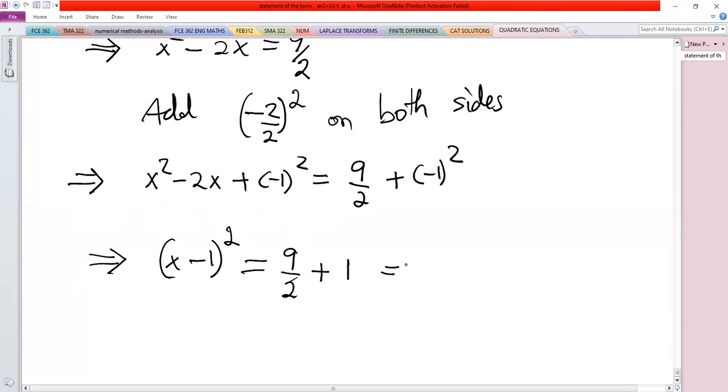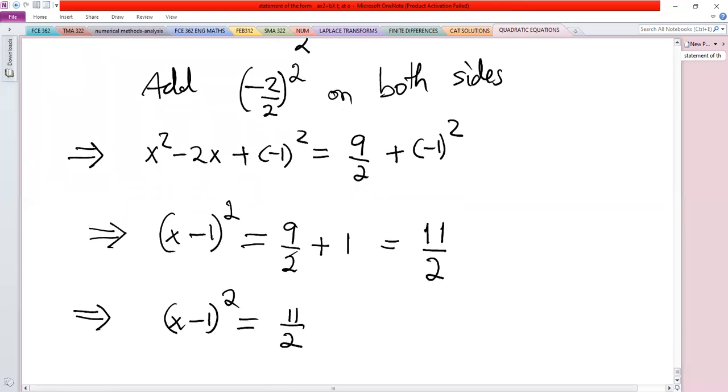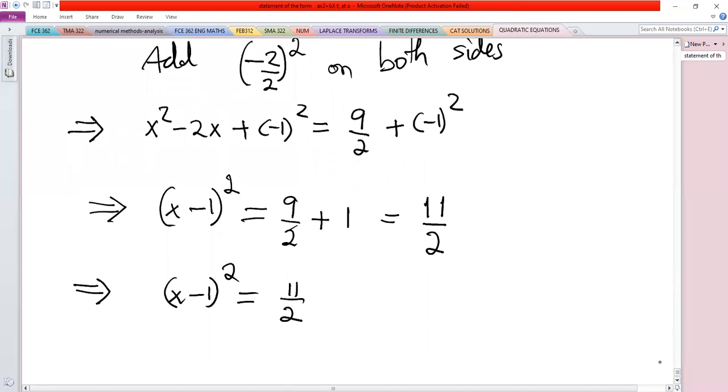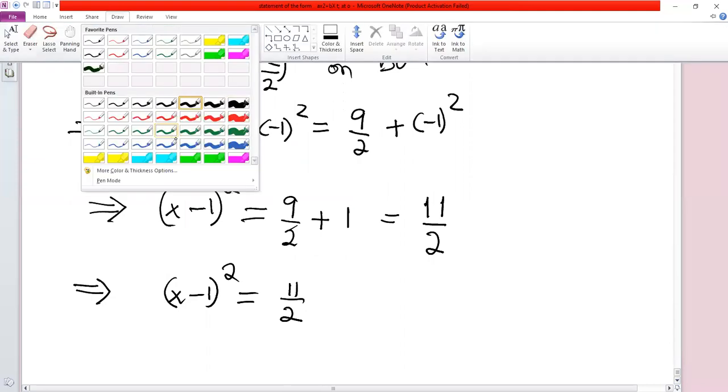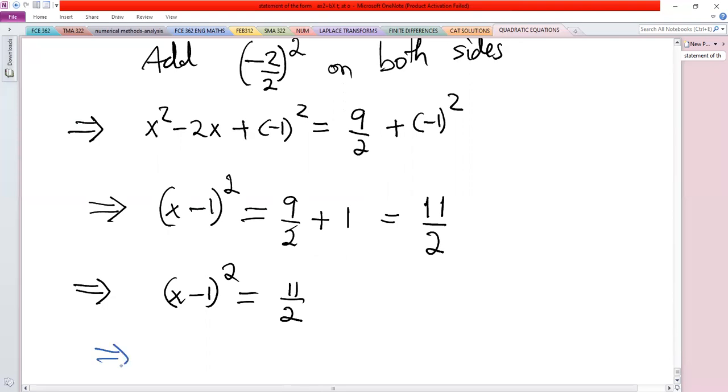So which is the same thing as writing 11 over 2. So this means x minus 1 squared is 11 divided by 2. And so square root on both sides will give us x minus 1 will be plus or minus square root of 11 over 2.